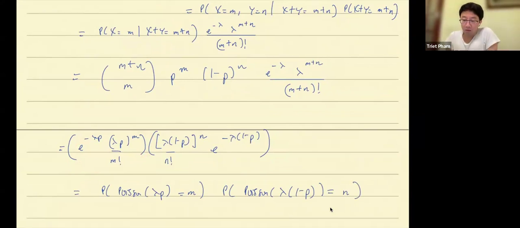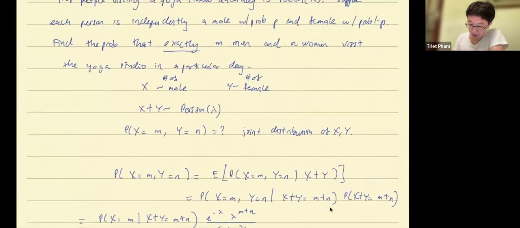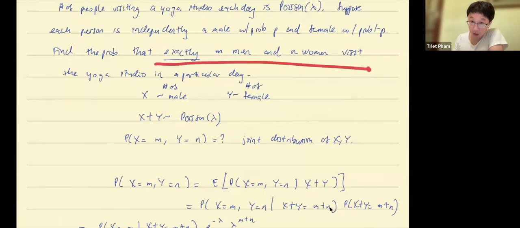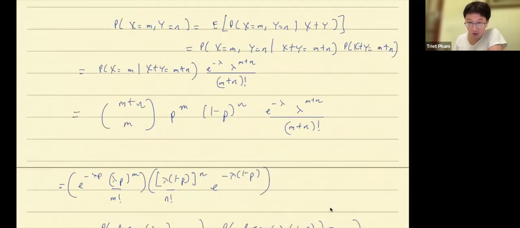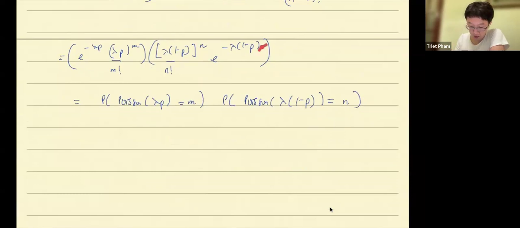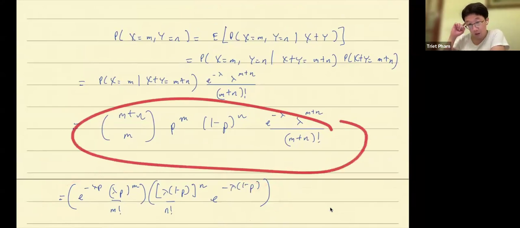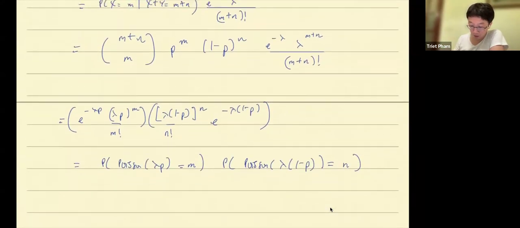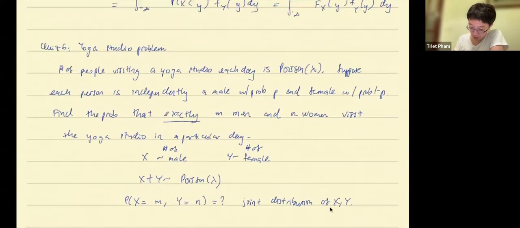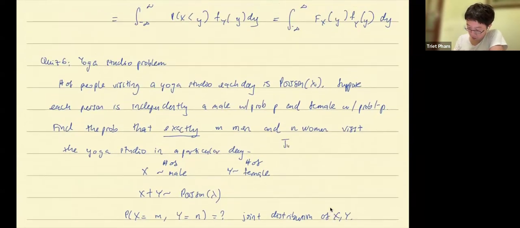Okay. Now, I guess the question didn't really ask for it, but the real conclusion here is not just this number, or for that matter, not just this number. The real question here is about the joint distribution between X and Y, between the number of males and females visiting this yoga studio.